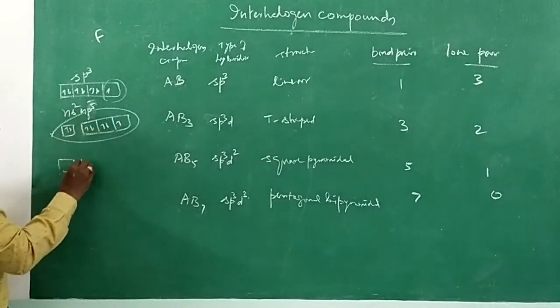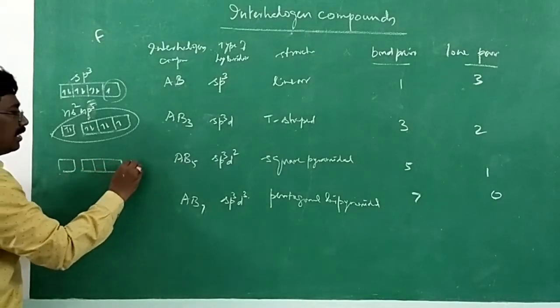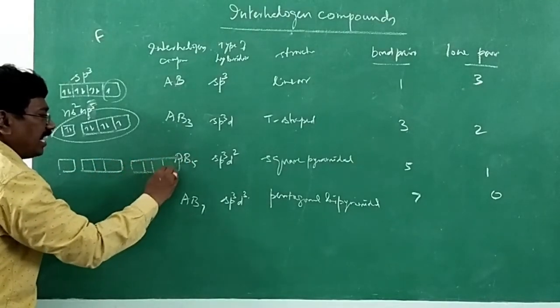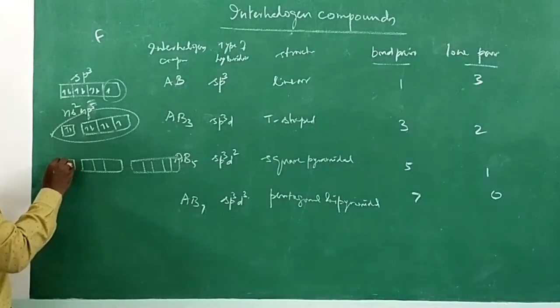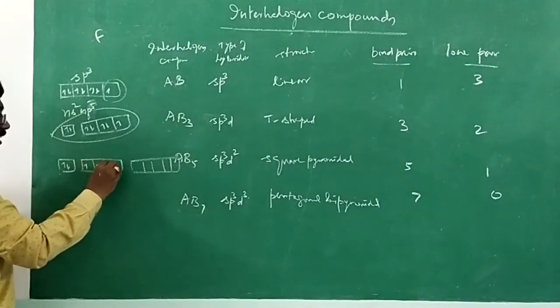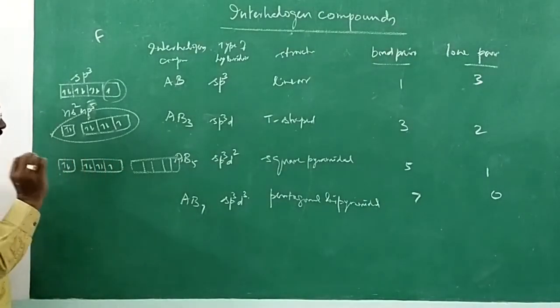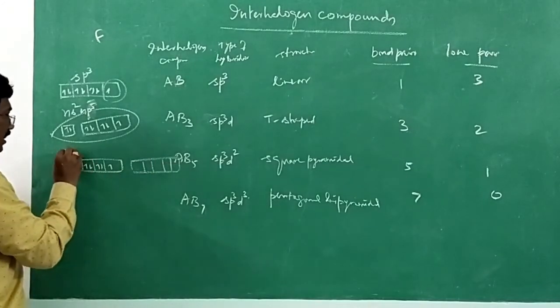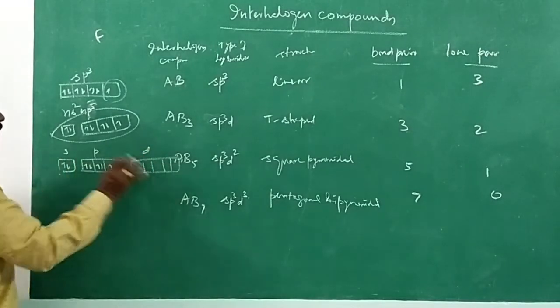ns, np, and then we will be having d orbitals. Here 2 electrons, here 1, 1, 1, here 1, here 1. This is the electronic configuration, and the d orbitals are empty.